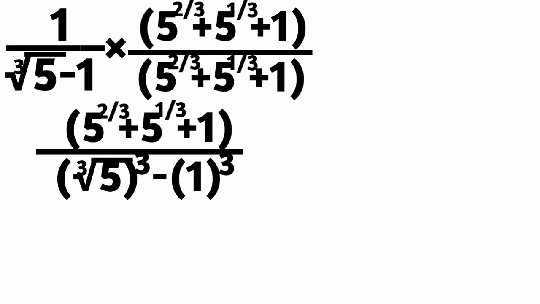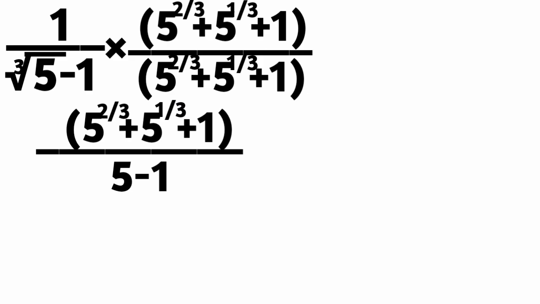The value of (cube root of 5) whole cube is nothing but 5, and similarly the value of 1 cube is equal to 1, so the overall value of the denominator will become 5 minus 1, and 5 minus 1 is nothing but 4. So this is the value of the given number.